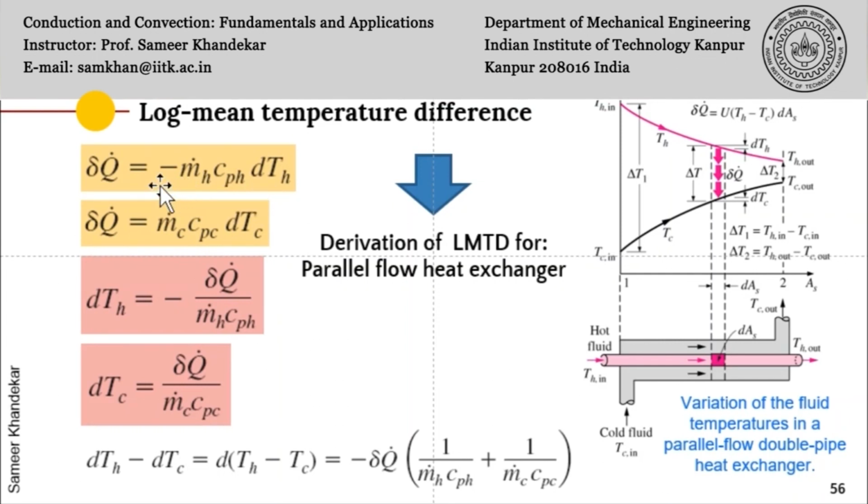The minus sign is because this is losing heat, and dTh will be the downstream value minus the upstream value, and therefore the minus sign has to come.